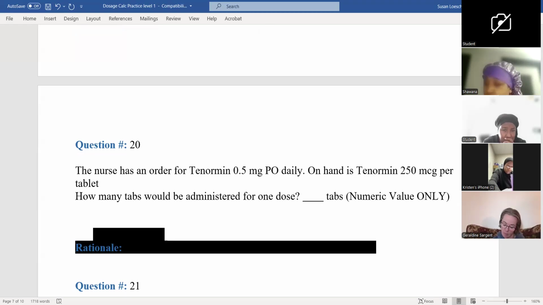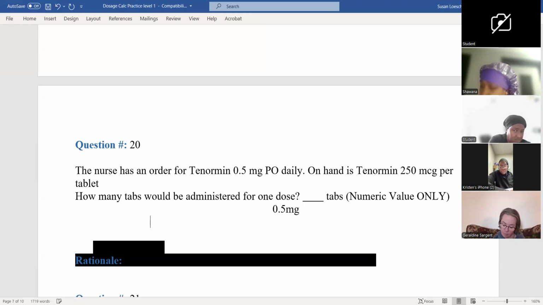Okay, so our desired dose is what? 0.5 milligrams. Okay, and what do we have on hand? 250 micrograms per tablet.